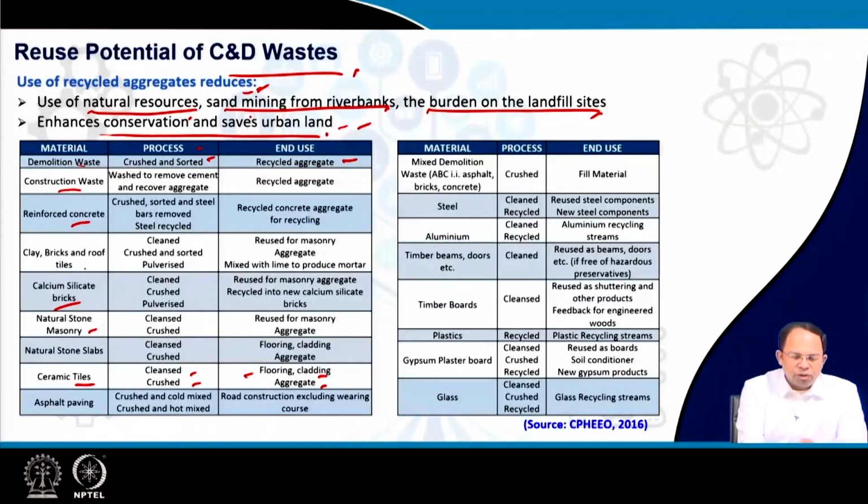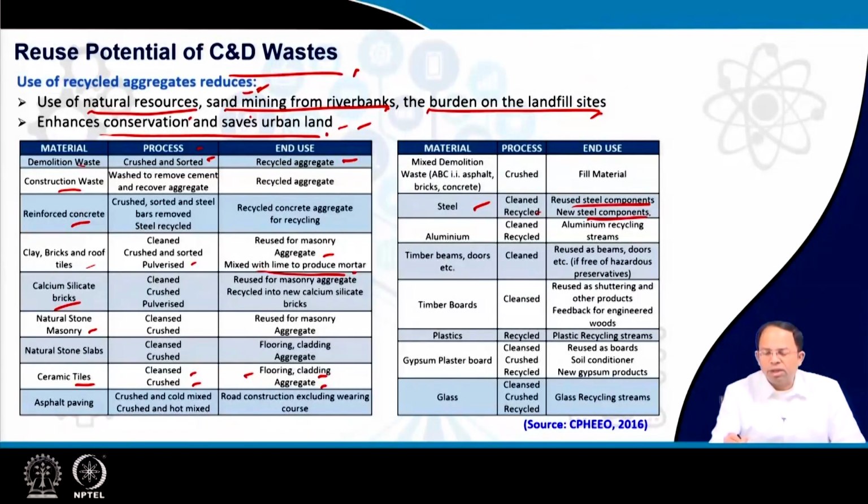Then clay bricks and roof tiles, these could be cleaned, crushed, sorted and pulverized, then used for masonry or as aggregate, or mixed with lime to produce mortar. And then coming to this side where we have steel, we can clean and recycle it, then reuse steel components, and new steel components can be prepared from that.